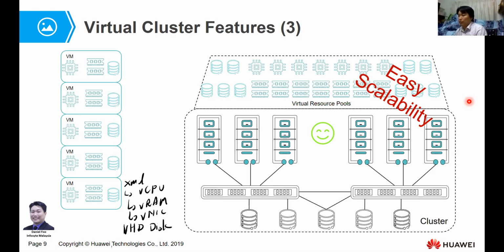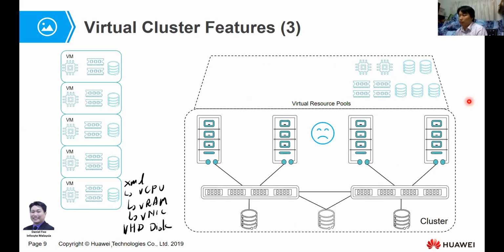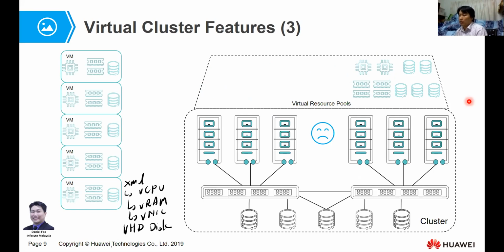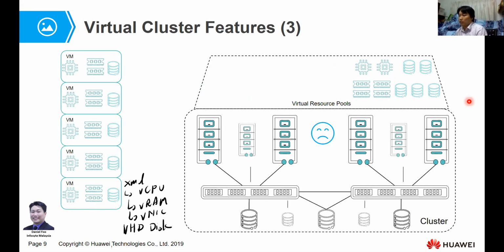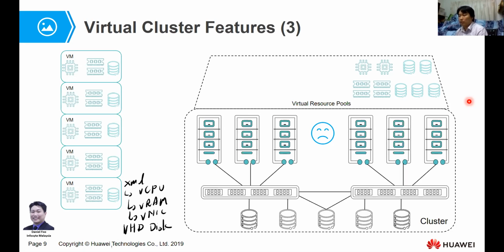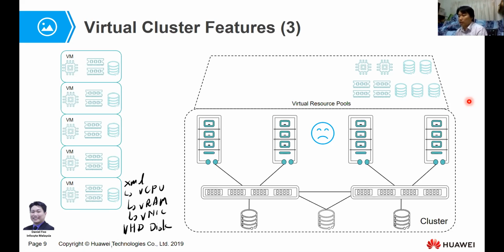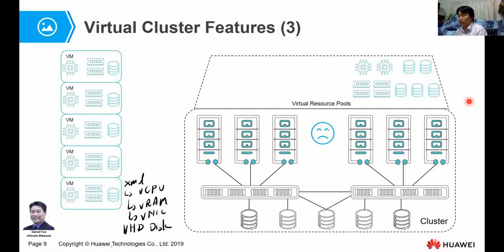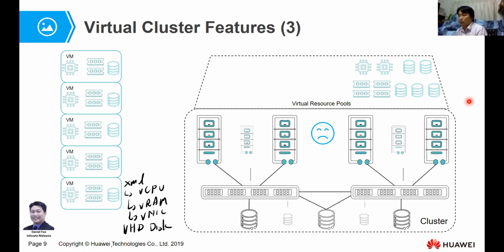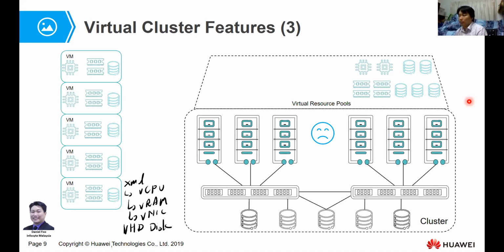Okay. So for your CNA node, you can always add in, and also remove if you want to. Okay. When you try to remove the CNA host, you just need to make sure the virtual machine is not running on that CNA host, and the virtual machine that is running is not part of any of these data stores, so that you can remove them from your VRM or virtual cluster anytime.